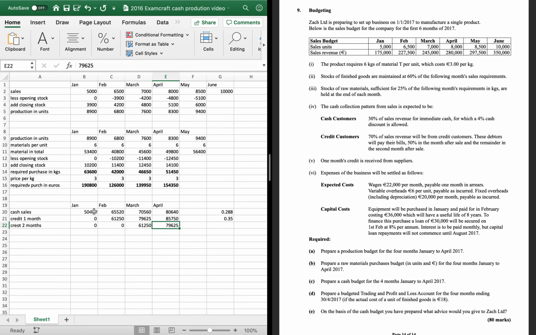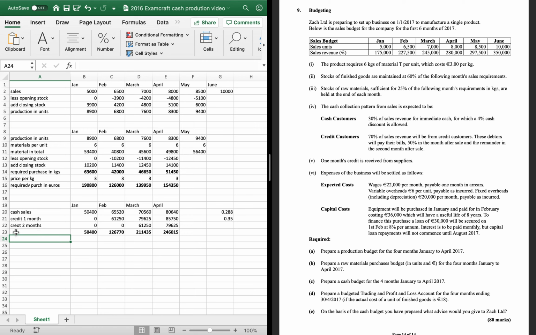Okay, so some of January is collected in January, some is collected in February, some is collected in March. You don't have to go beyond that point into May or June. Just total them up. Okay, so that gives us our total receipts.